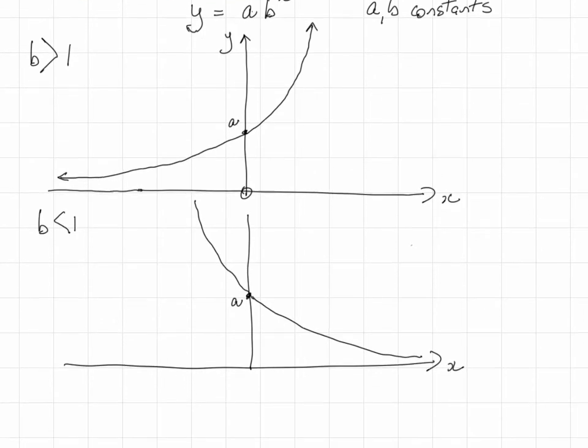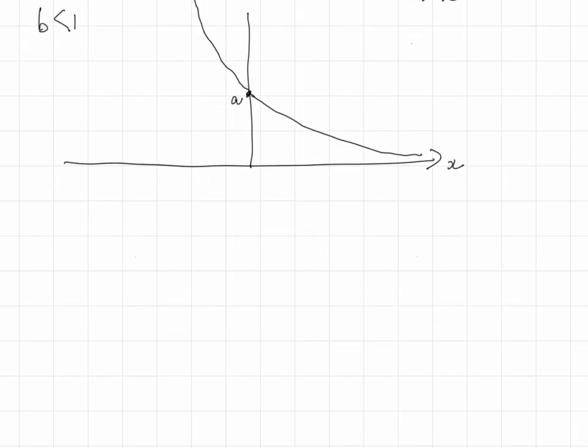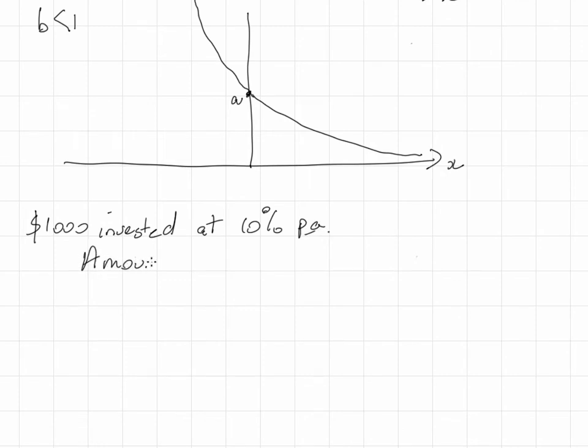Okay, so just to finish with a little practical application of exponential functions. If you had $1,000 invested at 10% per annum, compounded yearly, the amount you would have after 1 year is equal to, now you could find 10%, and then you'd get 100 and add it on, and you'd get $1,100.